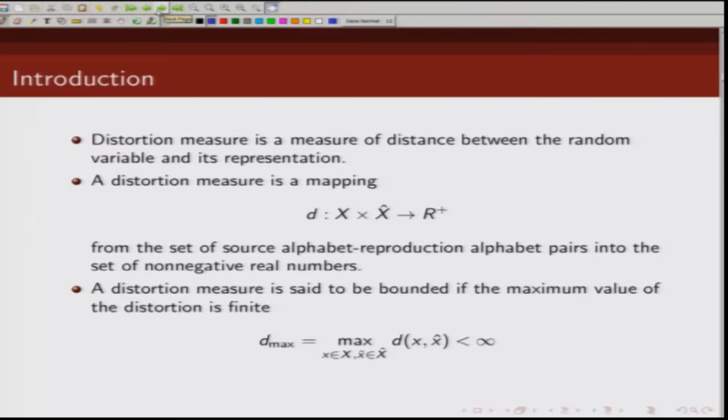We say a distortion measure is bounded if the maximum value of distortion is finite. So if we define the maximum value of distortion as the maximum value of distance between the random variable and its representation, and this is bounded, then we say the distortion measure is bounded.